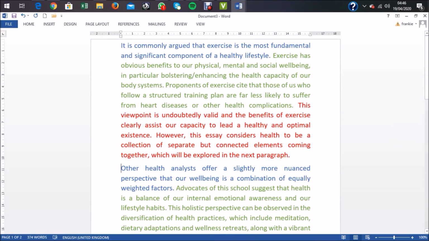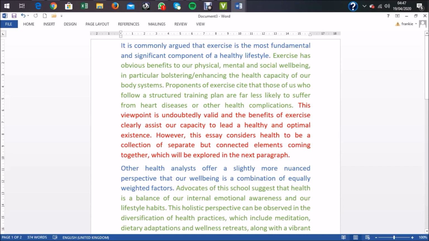So it is commonly argued that exercise is the most fundamental and significant component of a healthy lifestyle. Exercise has obvious benefits to our physical, mental, and social well-being, in particular enhancing or bolstering the health capacity of our body systems.